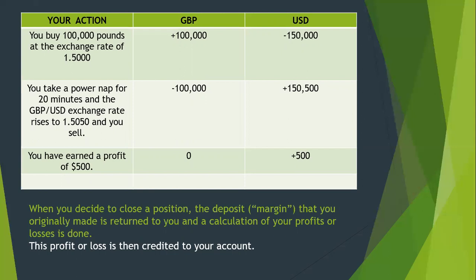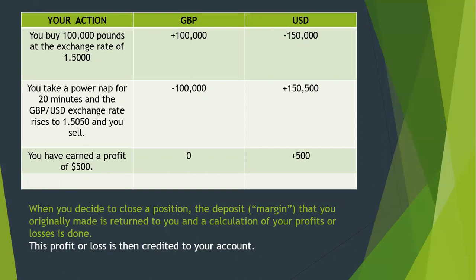So this is what happens in the market. For example, you buy 100,000 pounds at the exchange rate of 1.5 USD. You bought 100,000 pound units, and you sell 150,000 USD units.